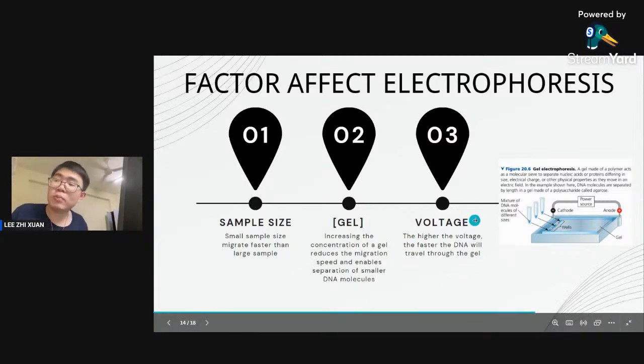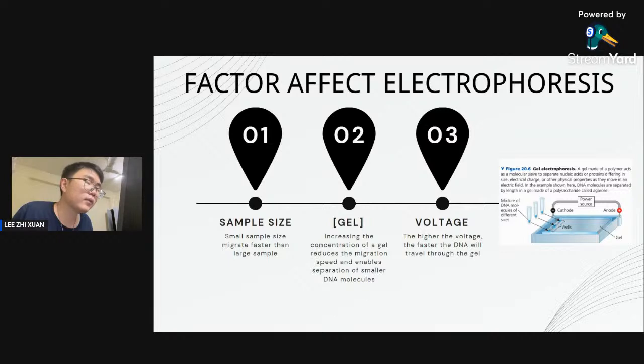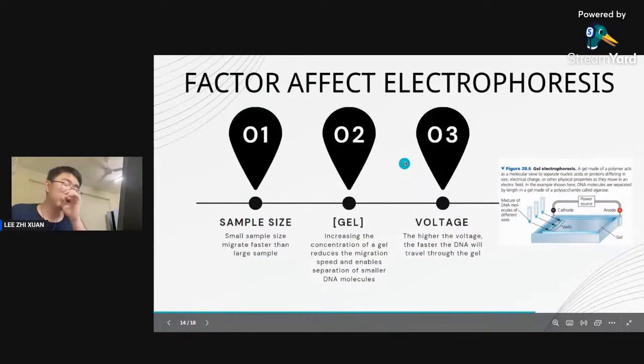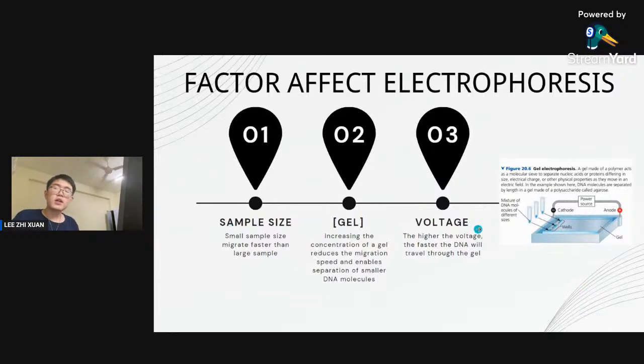Factors affecting electrophoresis, I already talked about. Okay, never mind, I will just repeat again. About the factors affecting electrophoresis, actually there are three factors: sample size, gel concentration, and voltage.